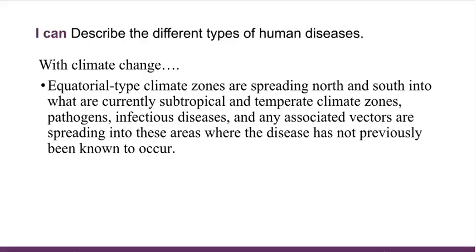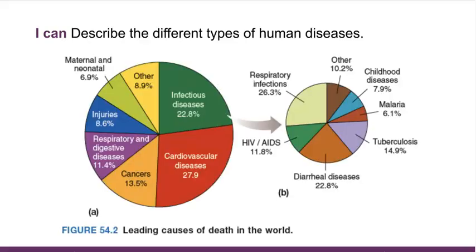Places like Florida would be considered subtropical. Temperate is where I am in California. And so with climate change, we have fewer cold days that kill things like mosquitoes that carry diseases. So we now have more diseases in places we didn't have before.